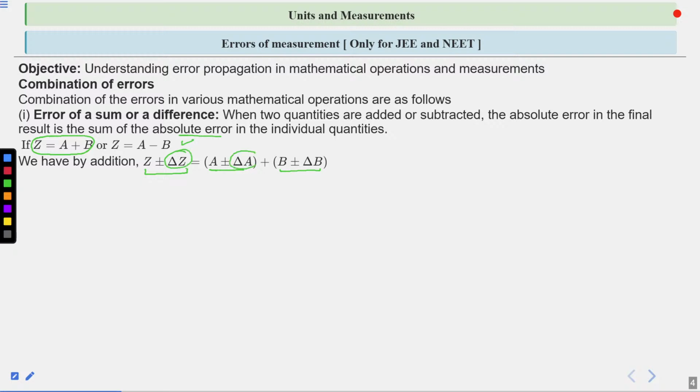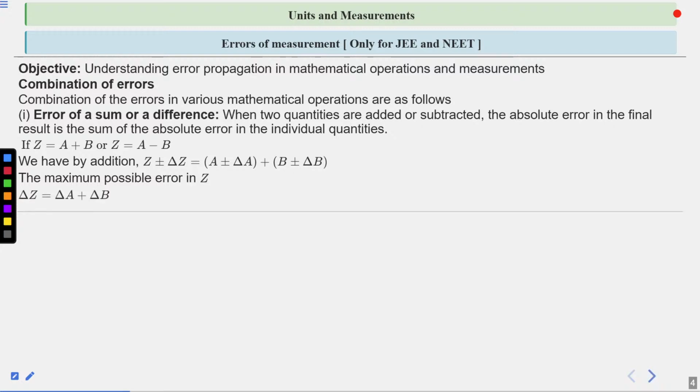Similarly, delta A is the absolute error and delta B is the absolute error. The maximum possible error in Z is what? So the maximum possible error in Z is delta Z is equal to delta A plus delta B. So this is the maximum possible error. Clear?